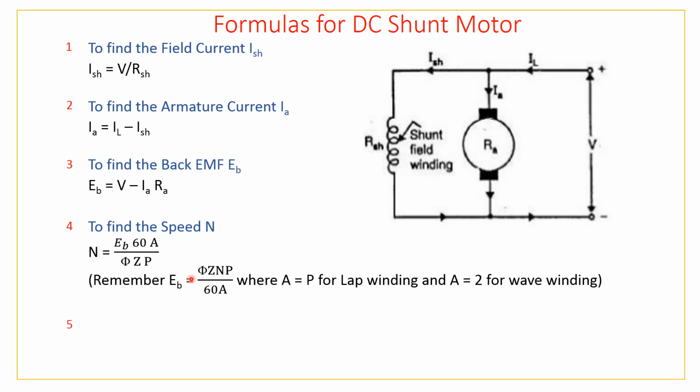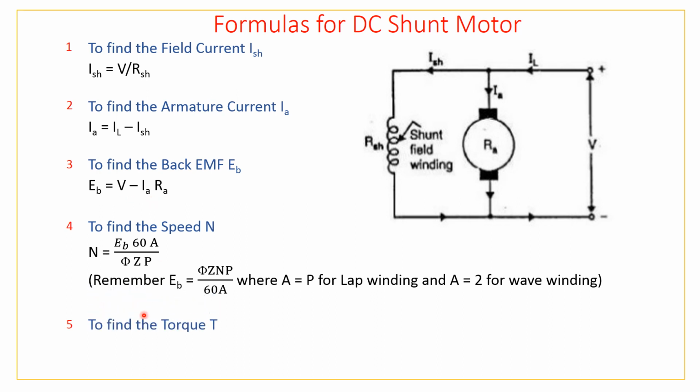So the back EMF is equal to ΦZNP by 60A, where N is the speed in RPM. Just cross-change here and you will get N is equal to EB into 60A by ΦZP. If you remember this formula, you can write it where EB is the back EMF, found to be V minus IA RA.